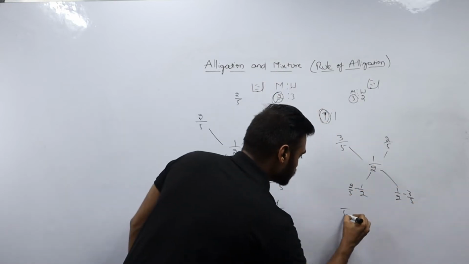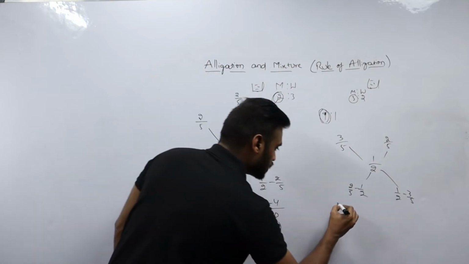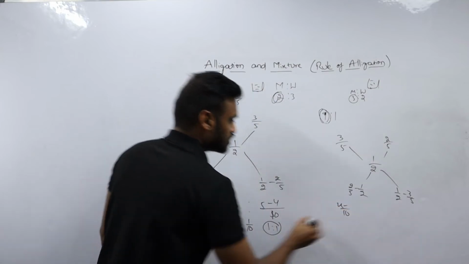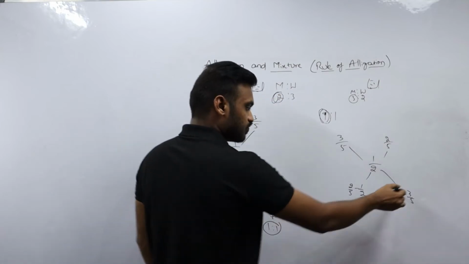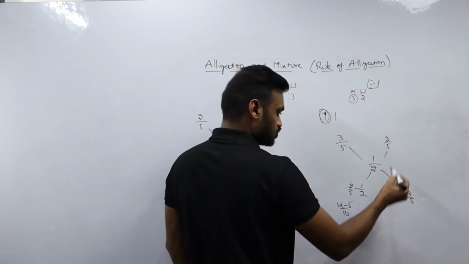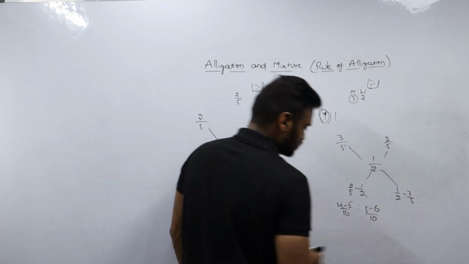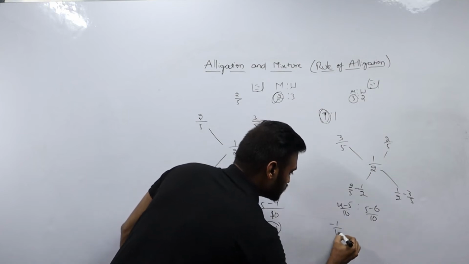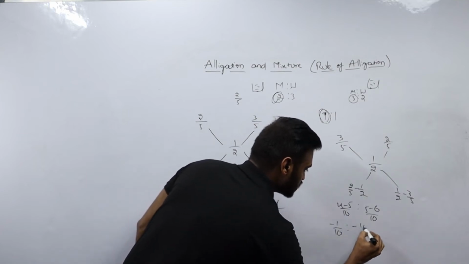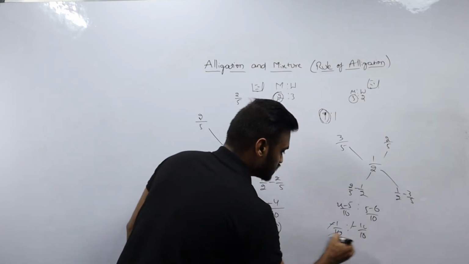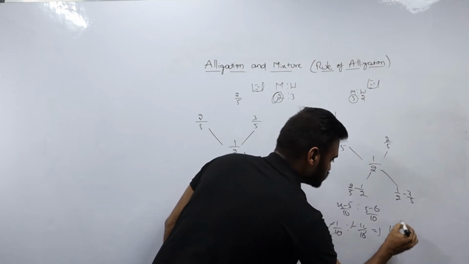The LCM is 10, so 4/10 minus 5/10 and 5/10 minus 6/10. I will get minus 1/10 to minus 1/10. The minus signs cancel, the 10s cancel, and the resultant ratio is 1:1.